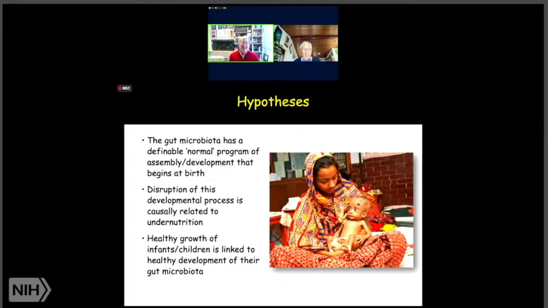And that disruption of this developmental process affecting an organ, a microbial organ, is causally related to undernutrition. Now, a corollary is that healthy growth of infants and children is linked to healthy development of their gut microbiota. That there has to be a synchronized co-development of this microbial community and the host.